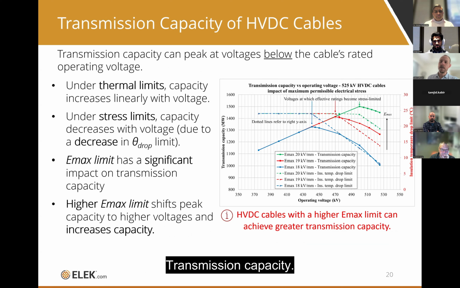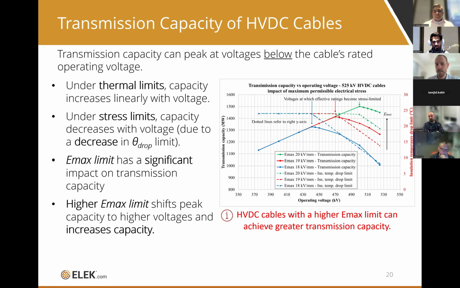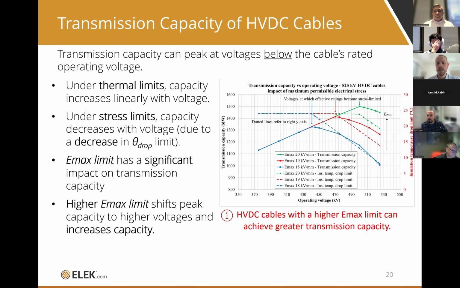Transmission capacity. HVDC cable systems have very high transmission capacity, but it's voltage dependent. Actually, transmission capacity of HVDC circuits can peak at voltages below the cable's rated operating voltage, which is very interesting. Under thermal limits, capacity increases linearly with voltage up until the stress limit is reached.